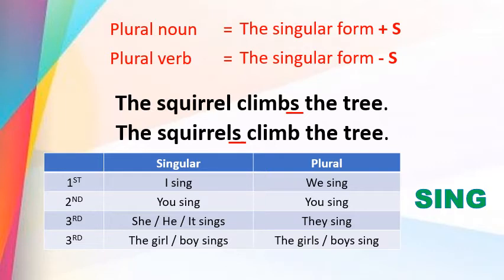The girl or boy sings, the girls or boys sing. Note the first person and second person, the verb remains the same, but for the third person, the verb changes. Here, in the third person, the verb changes from sings to sing.